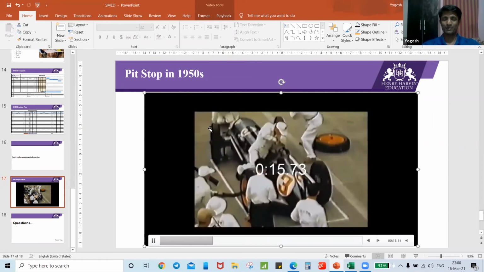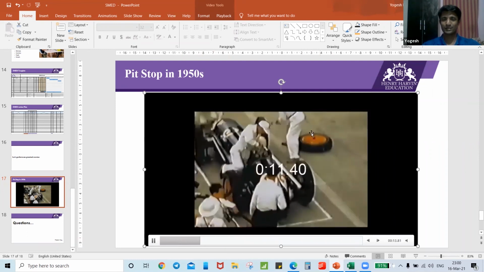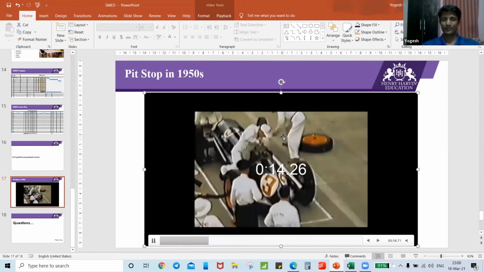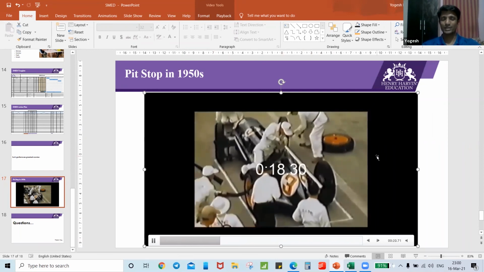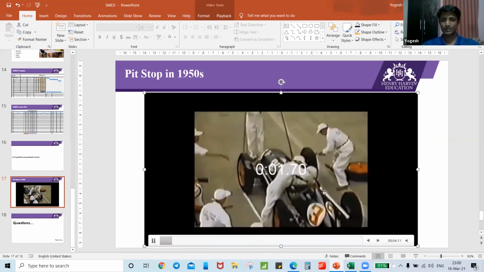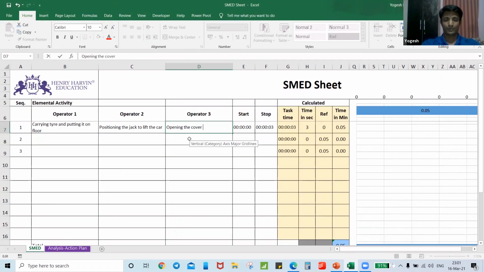So basically an activity with a lot of effort. See the effort he's making to remove the tire. See how hard he's hitting. So we can get a fair idea of how we can improve it, right? Even if we are not technical experts, we can find out the ways. Okay, so basically this guy is opening the cover of the fuel tank, right? I got it.